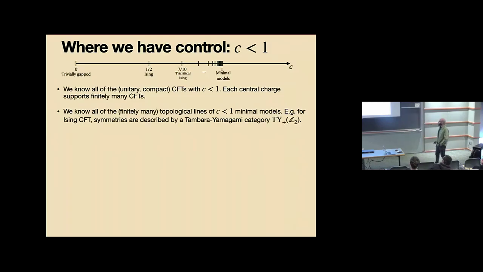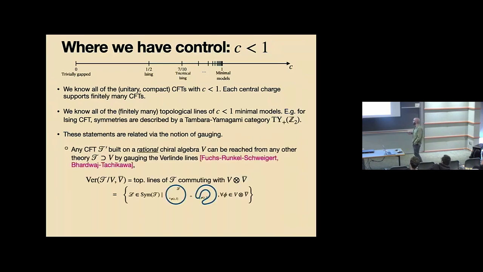And similarly, we know for each theory what all the topological lines are. For example, for the Ising CFT, we know that every topological line belongs to this Z2 Tambara-Yamagami category. These two statements are not completely unrelated. The relationship between them goes through the following general fact.